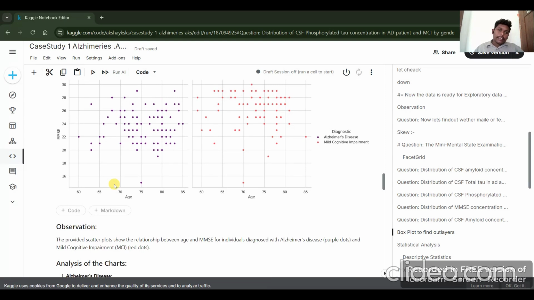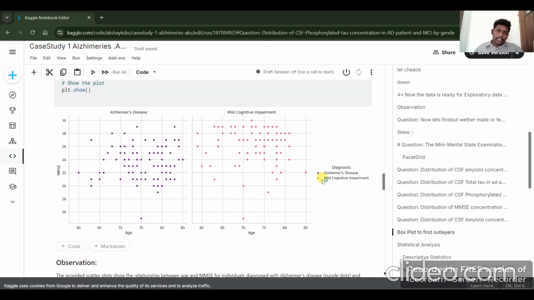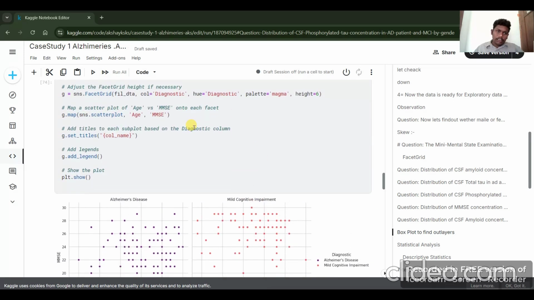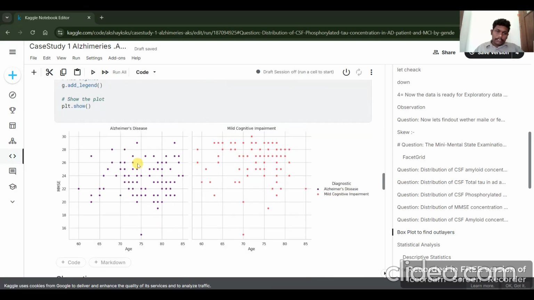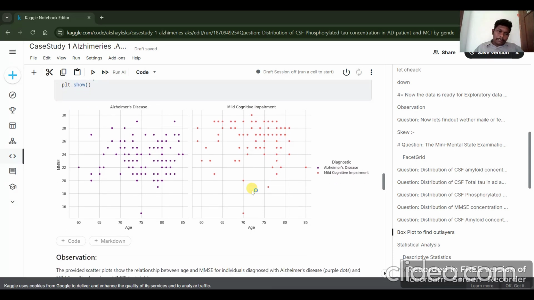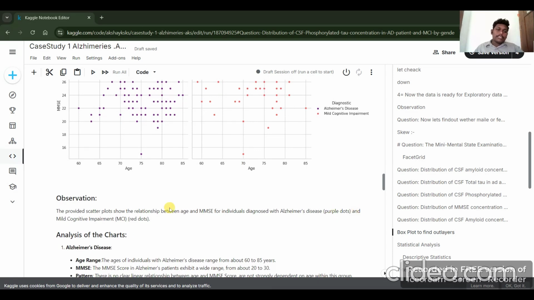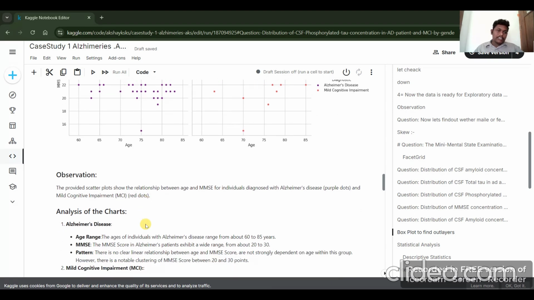So this is the scatter plot. Here is Alzheimer's disease we can see, and this is MCI, mild cognitive impairment, we can see. The observation is: the provided scatter plots show the relationship between age and MMSE for individuals diagnosed with Alzheimer's disease, purple dots, and MCI, red dots.